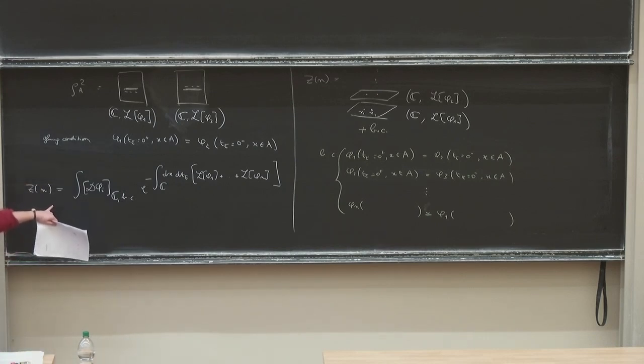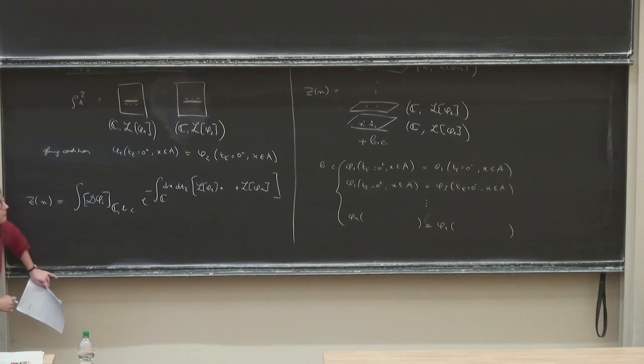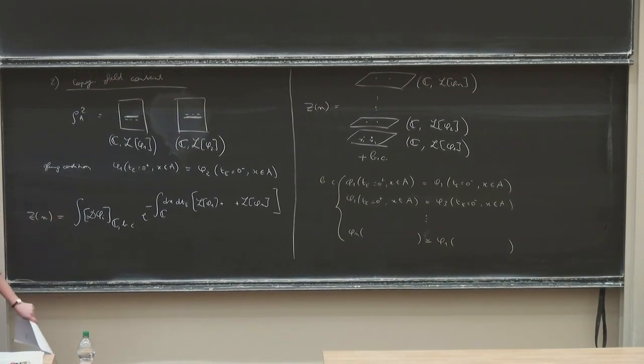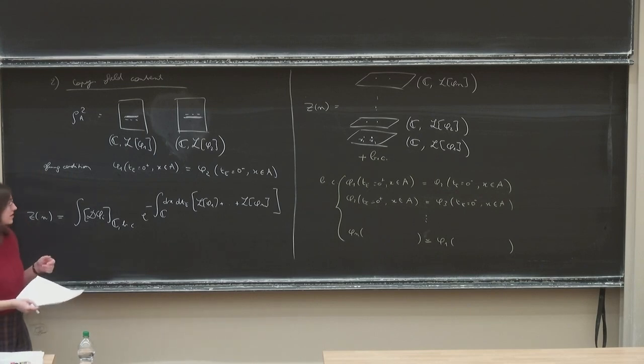So this now on the left is a formula form for that picture there on the right, for the same object that we've been discussing all this time, this Z_n.